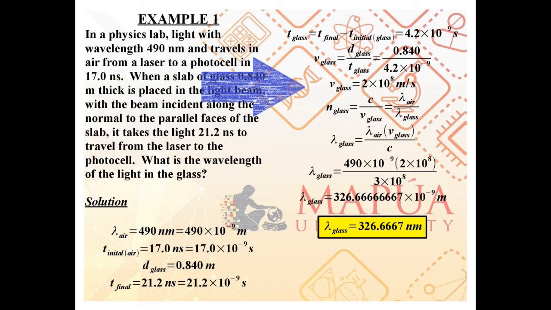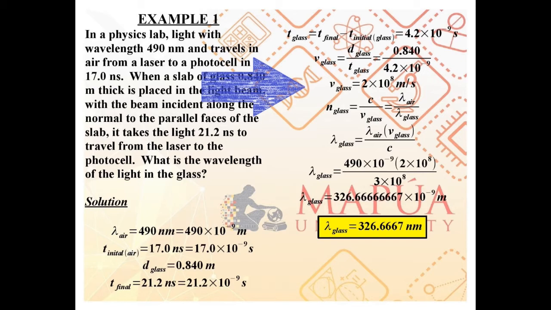Now, the index of refraction of air is relatively speaking equal to 1, the same as the index of refraction of vacuum, which means that the speed of light in vacuum and the speed of light in air are relatively the same, which also translates to the wavelength of light in air being the same as the wavelength of light in vacuum.